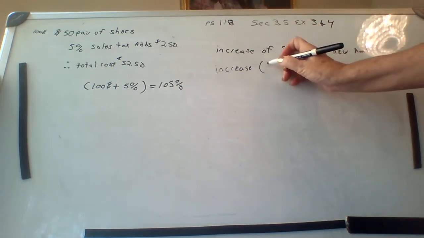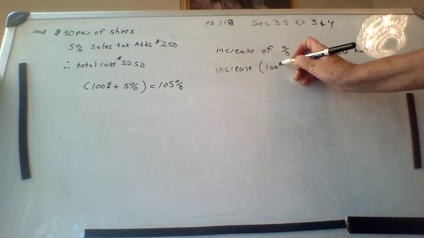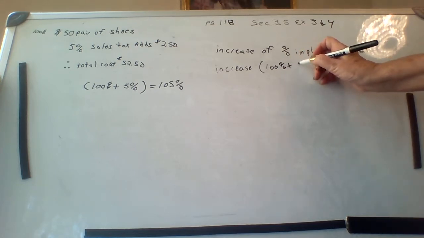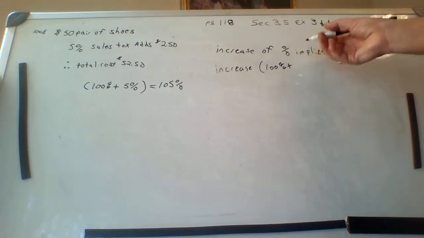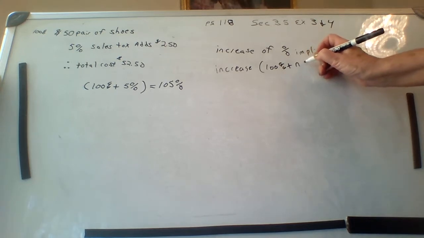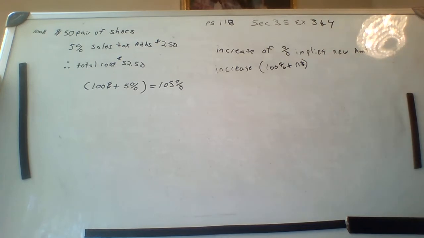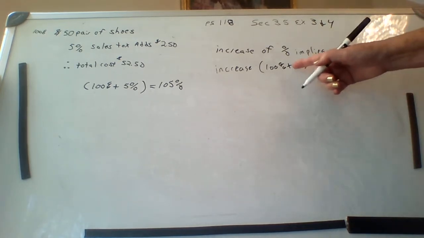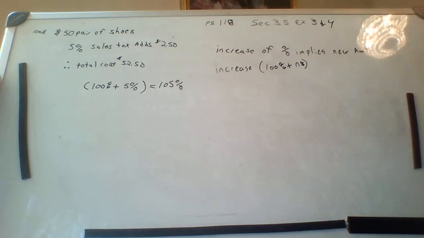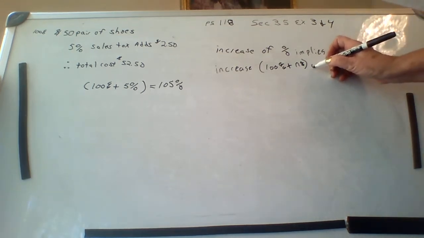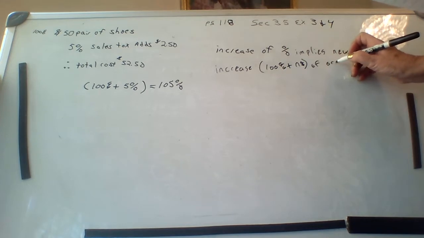Well, we decided the increase would be 100% plus whatever. I'm going to say, in this case, n percent. They use X in the book, but I'm using this because with the X's and the pluses, I think we get confused, of original amount.